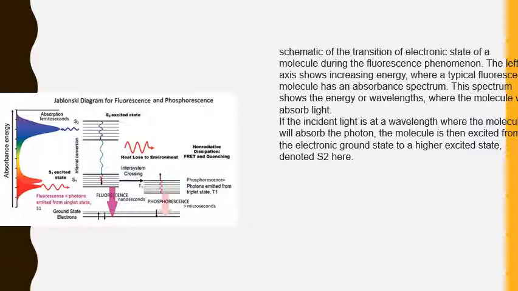We have also shown heat loss to the environment and then intersystem crossing here. And if it recurs, we also have phosphorescence on the order of microseconds. So many things are shown here, and it is always needed whenever a question is asked in the exam. You have to draw the figure and discuss various parts of this figure.